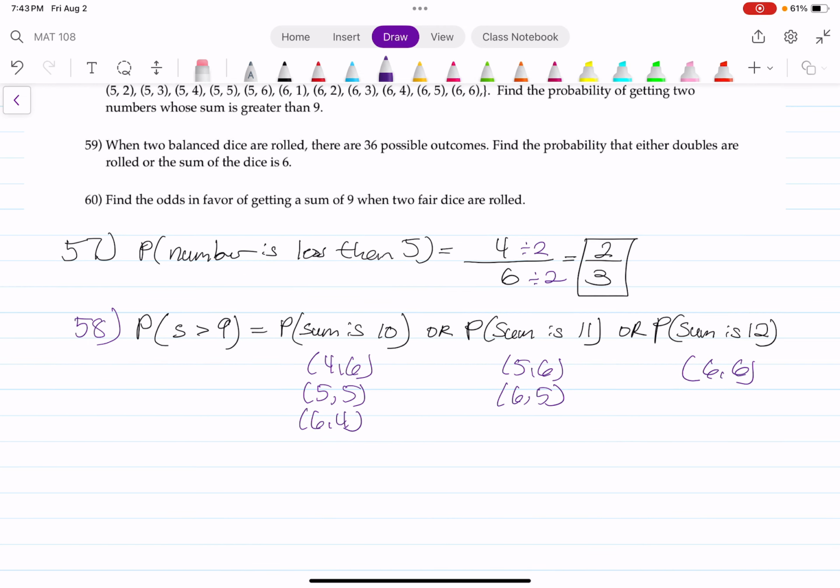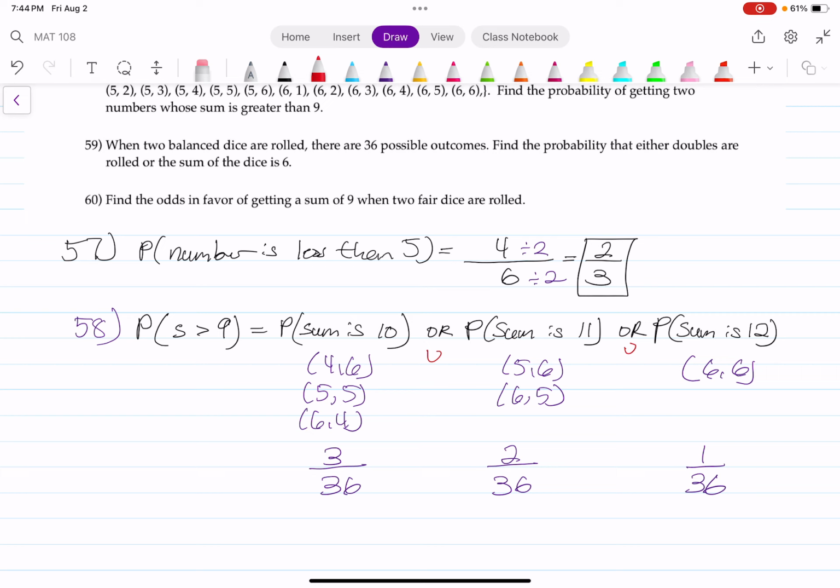The probability that the sum is 10, those are 3 outcomes out of 36 possible outcomes. For the sum of 11, that is 2 outcomes out of a possibility of 36 outcomes. And for the sum of 12, that is just a single outcome out of 36 possible outcomes. Remember, the word or means union.